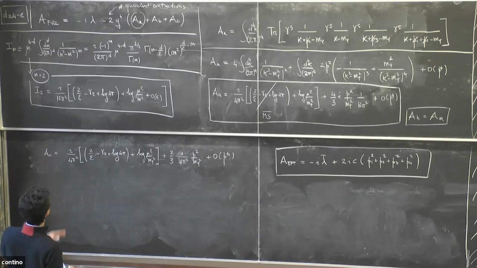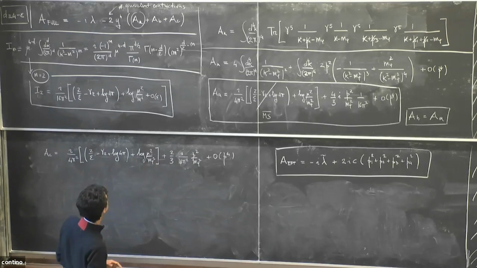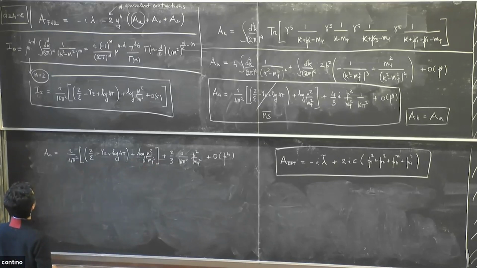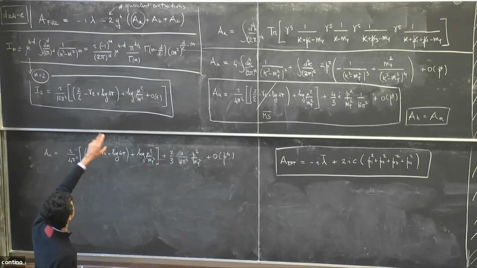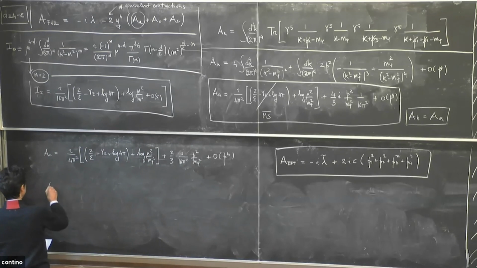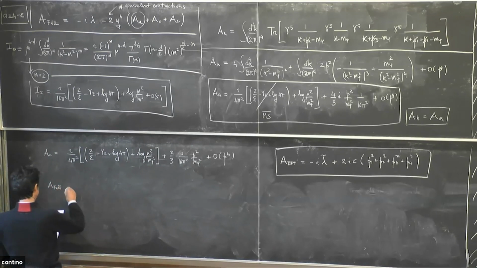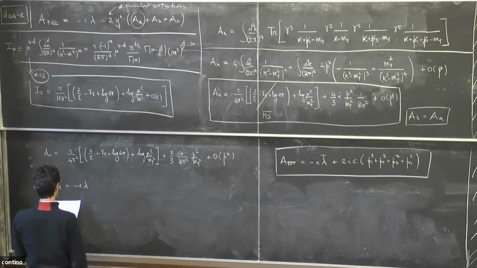Okay, at this point you need to sum AA, AB, and AC, and use it in the expression on the top, and then you get the final expression for A full. Okay, so A full is minus i lambda.